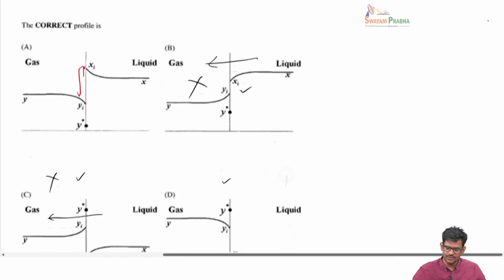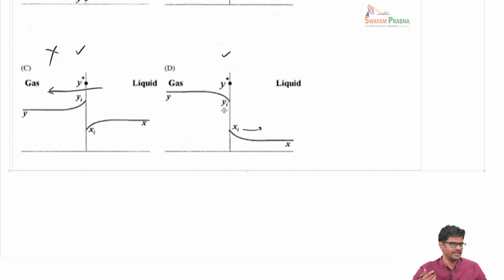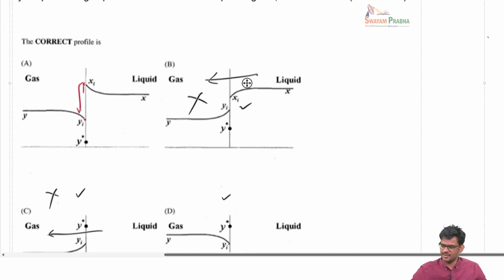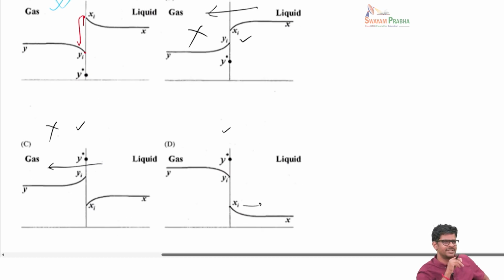This other case would have been the other way around, because y is larger than x, so m should be more than 1, but we know m is actually less than 1. I like this problem because there is so much information available here about the type of absorption, whether it's absorption or stripping, and whether the equilibrium line has a higher slope or lower slope. All that is nicely represented here.